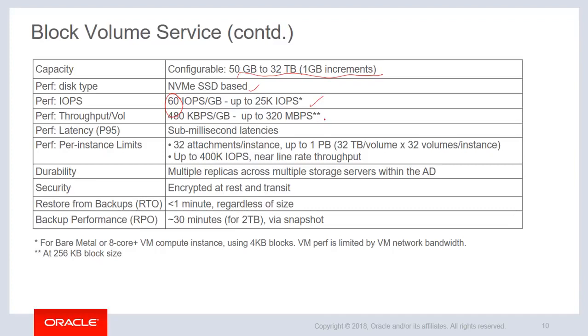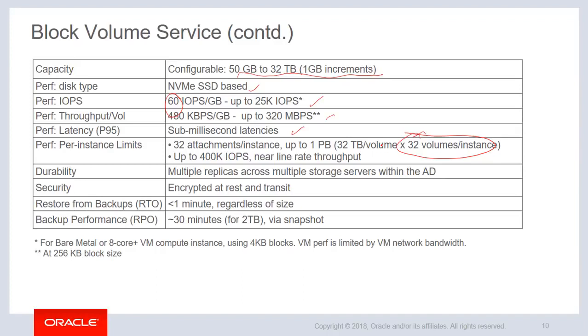There is a throughput number here, and the latency is in sub-millisecond latencies. For a particular instance you can attach up to 32 volumes per instance, and if you do the math you can get up to 1 petabyte of storage per instance.